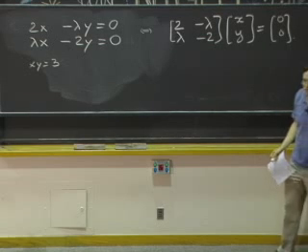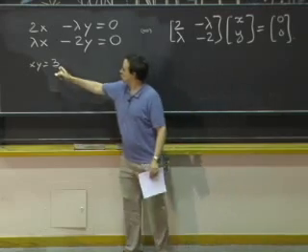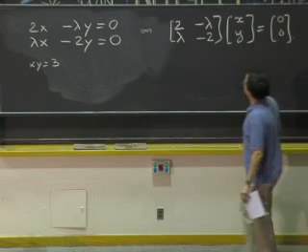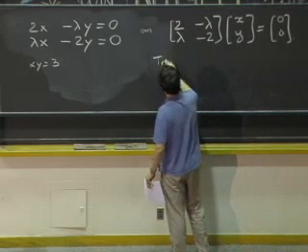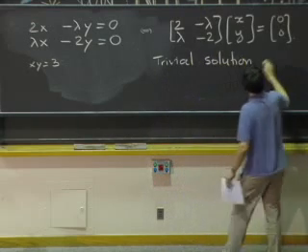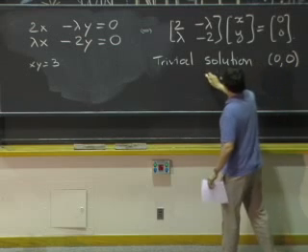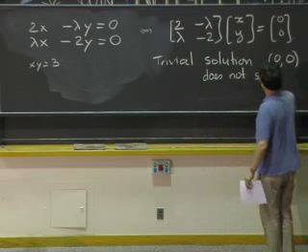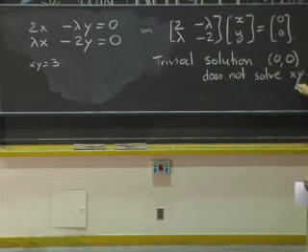Is that a good solution? No, because 0 times 0 is not 3. So the trivial solution, 0, 0, does not solve the constraint equation, xy equals 3. So we want another solution.